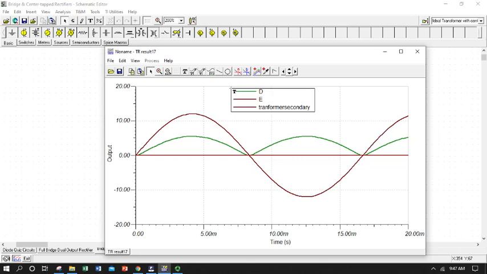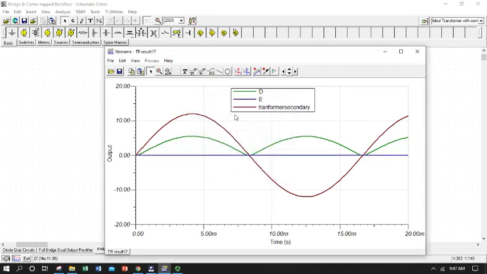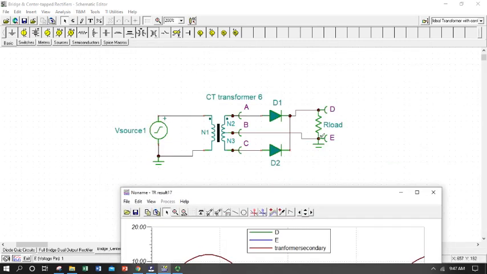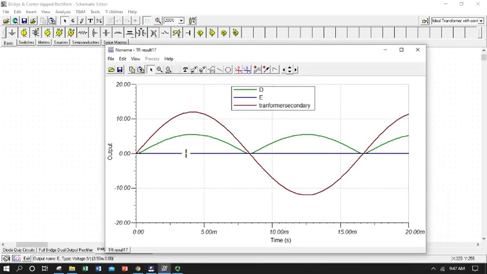I always like to display the legend so I can see what the curves are. And point E, I'm going to make a completely different color so it's easy to tell. We've grounded point E and our secondary tap, because E and B are connected, so these are grounded just like in Mr. Fiore's picture. So E stays at 0 all the time because we grounded it.